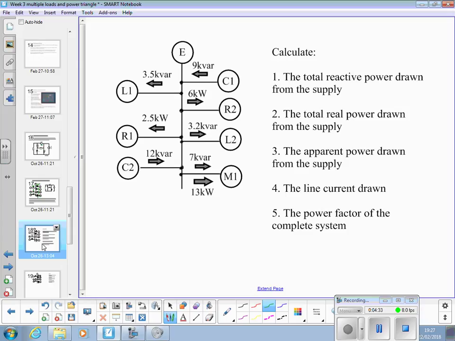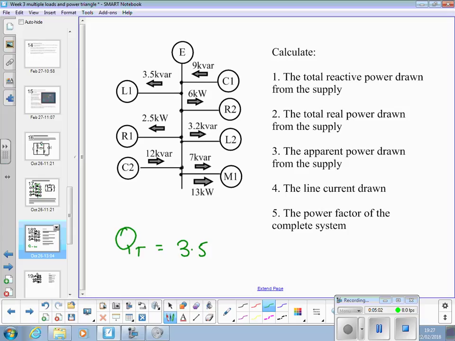We can say QT is equal to all the positive ones, so QL1, 3.5. They're all in kilo, so we can just add all the numbers up and the answer will be in kVAR.